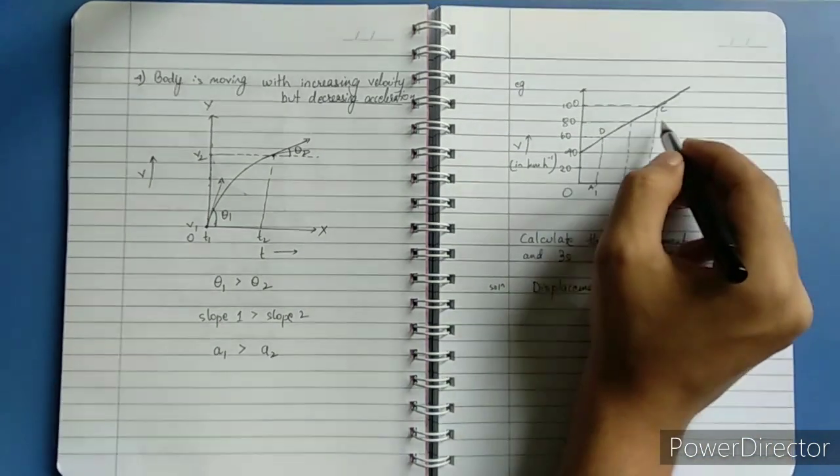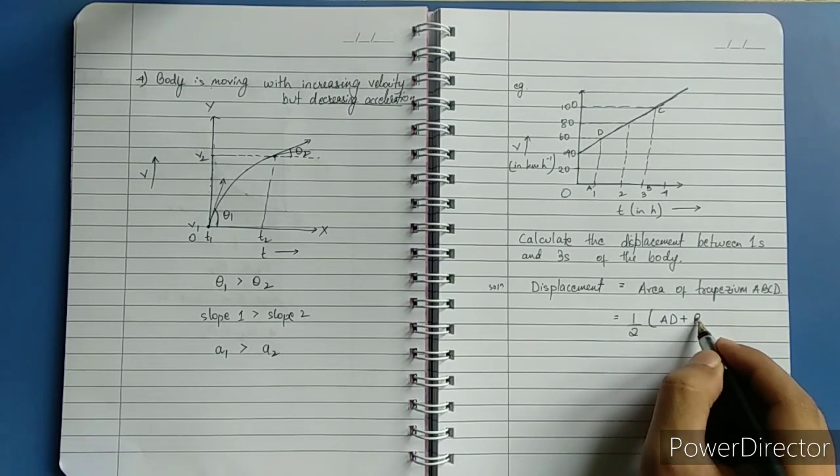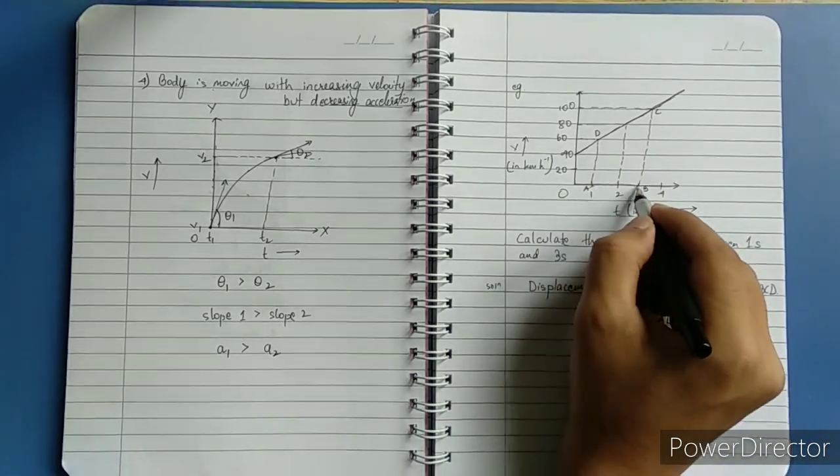Over here, these two are the parallel sides, so half of AD plus BC into the distance between them, which is AB.